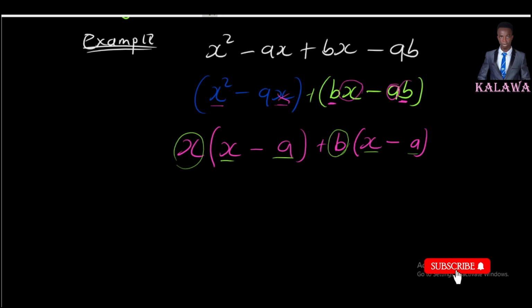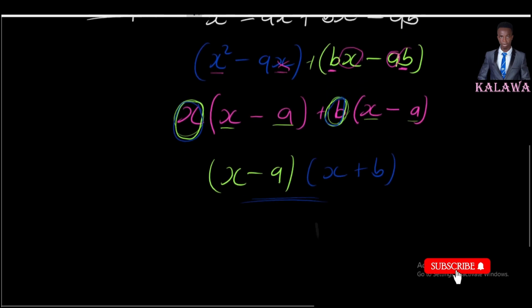So we can take just one of these, x minus a, and then we group again the common factors outside the bracket. We have x here and plus b here. We group these two as one, so this is x plus b. This is what is known as the common factor.